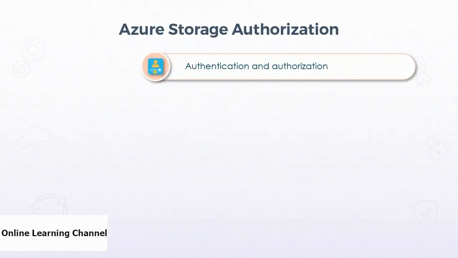Now that we've looked at the 5 core Azure storage services, let's talk about how security is managed. The best bet for both security and ease of use is authentication and authorization via Azure Active Directory. Blob and Queue storage services offer role-based access control, or RBAC, via Azure Active Directory.